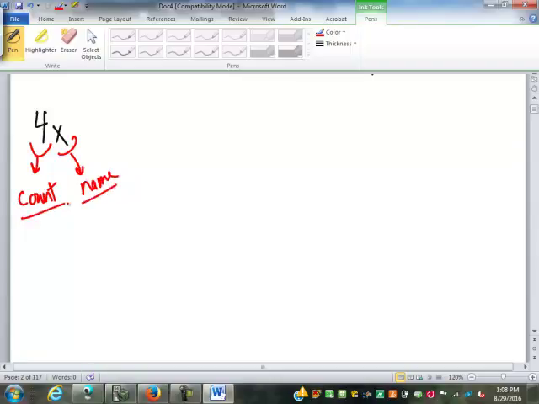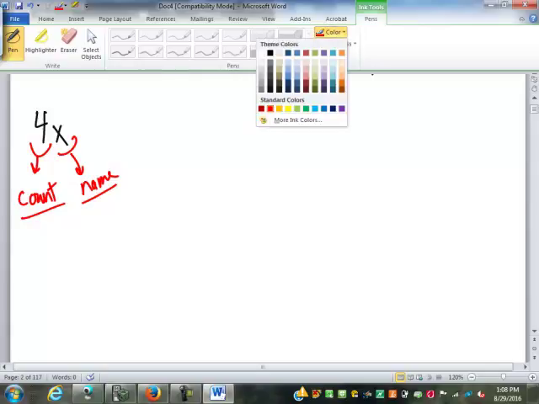Just like having 4 cows, 4 inches, even 4 sevenths. Here we have 4 x's. The difference is we know what a cow is or an inch or even a seventh. We do not know what an x is, but it doesn't change how we use it.